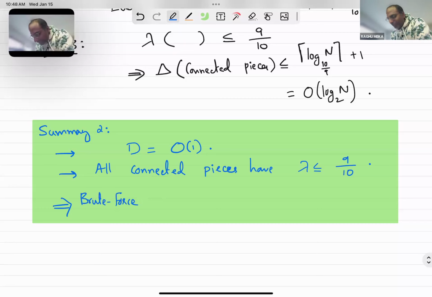I mean, this is a very strong condition, right? I'm saying, okay, assume the degree is a constant, assume every connected piece has spectral gap at most 9/10, two very strong or seemingly strong assumptions. But if you have these assumptions, then the brute force algorithm works.